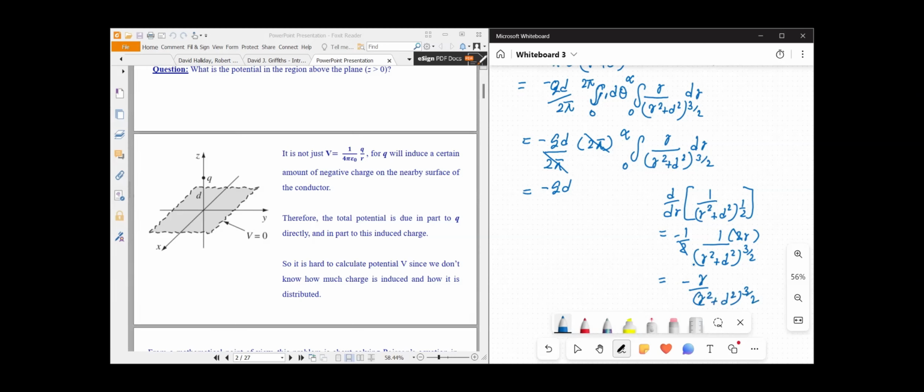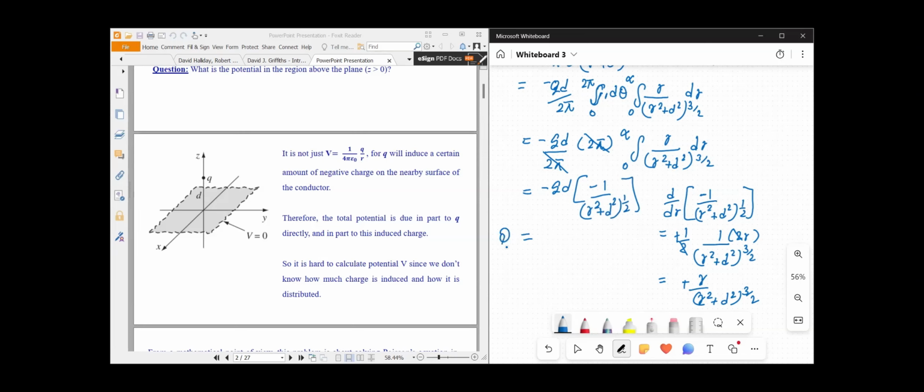With this result, I have a minus here, so it will be positive. So this is the function that we needed to integrate. If I differentiate this function, I get this function, so if I integrate this function, I should get this one. For this integration, you will get minus 1 over r squared plus b squared to the power half.